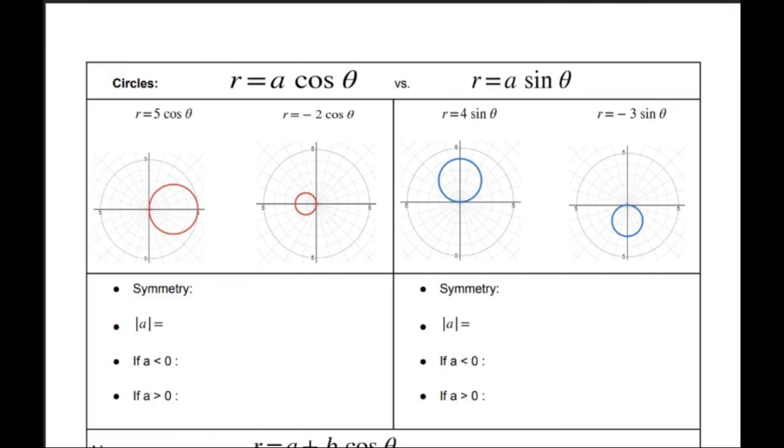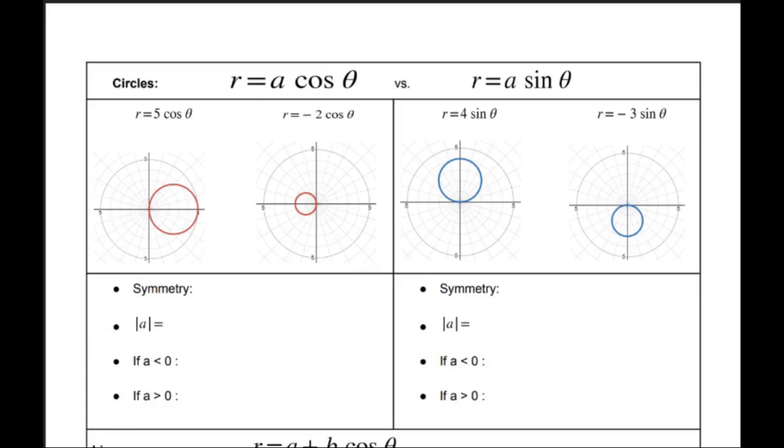All right, so now we have a couple more shapes. We've got the circles and the limaçons. For the circles, you could tell that if r equals 5 cosine theta, then the diameter is 5. And if r equals -2 cosine theta, then the diameter is equal to 2.